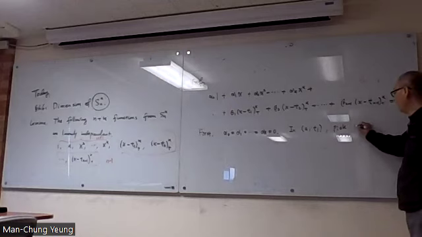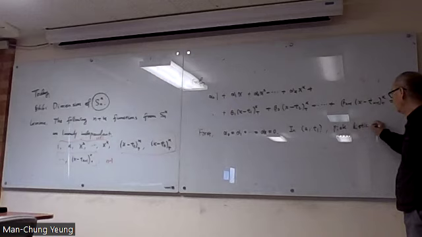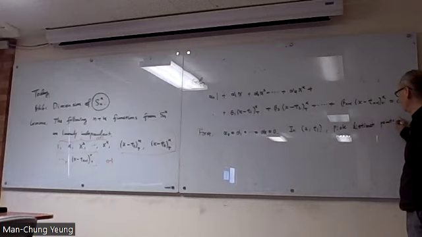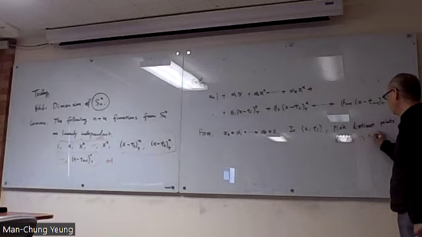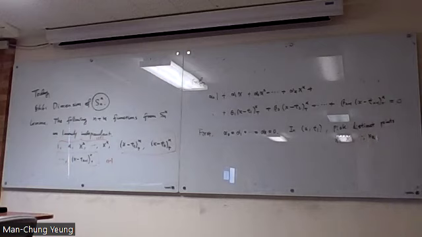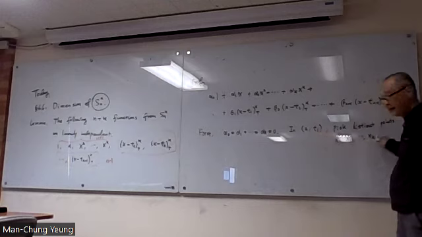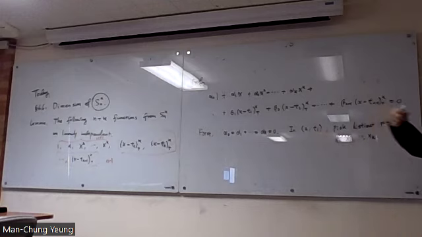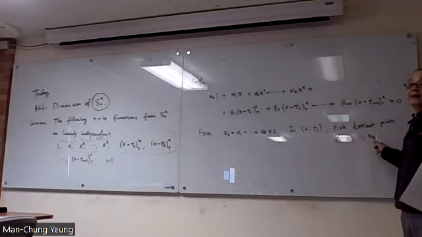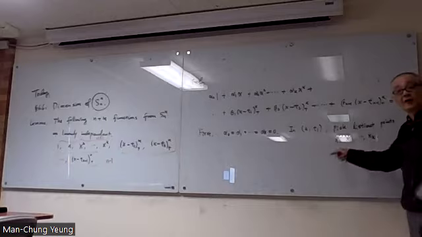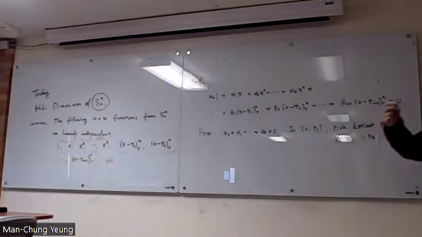Let me take k plus 1 distinct points x0, x1 to xk. I pick them arbitrarily, and make sure these points are different from each other.